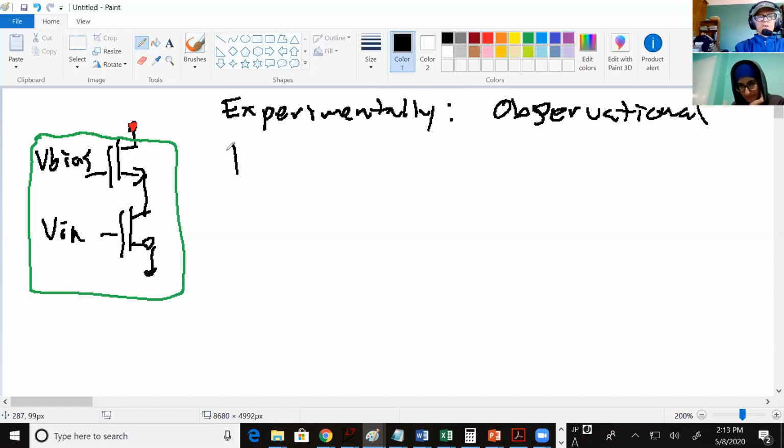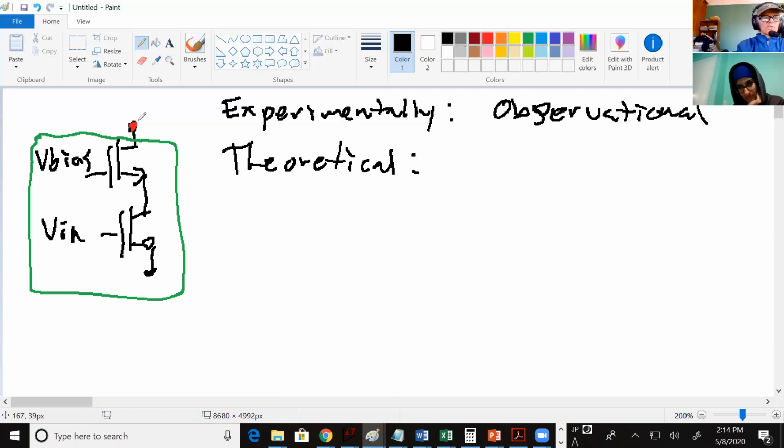And then there's the theoretical, which is where we do small signal analysis, come up with an equation, put your current value in, and you get to see what the value is, what the resistance or the conductance or whatever it might be, or the current gain or the voltage gain.